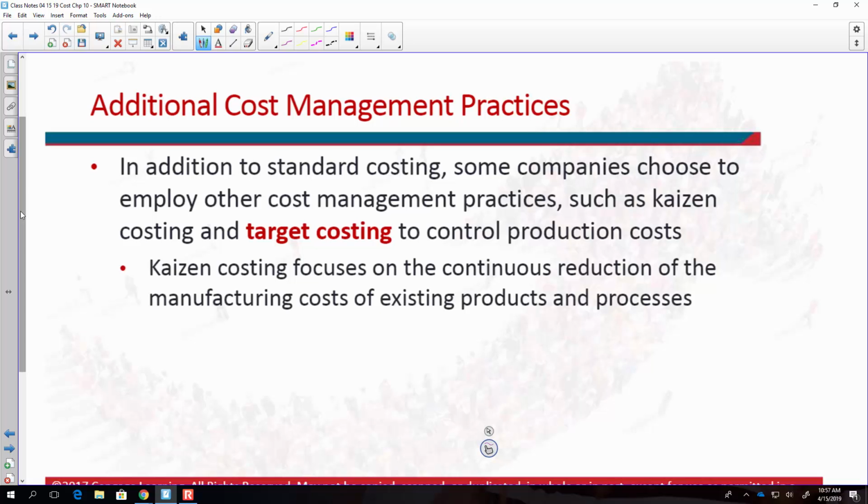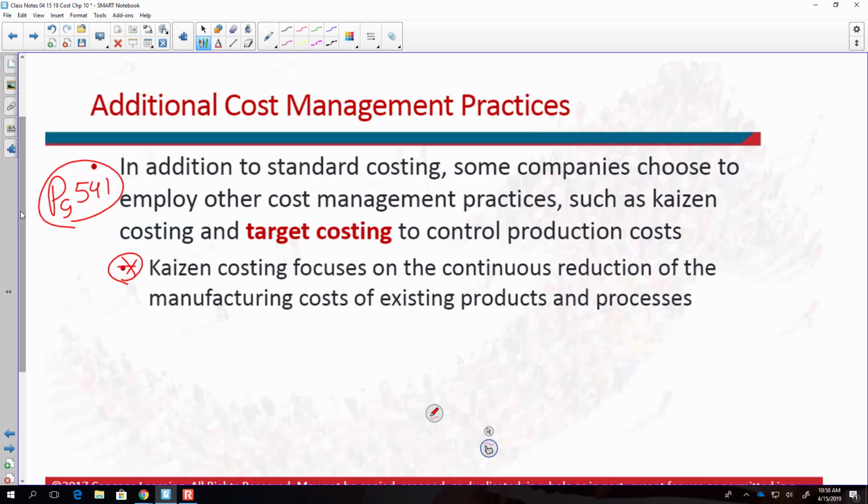This discussion begins on page 541. Kaizen costing focuses on continuous reduction of manufacturing costs of existing products and processes. So know that definition. That's something that you learn in Lean training.